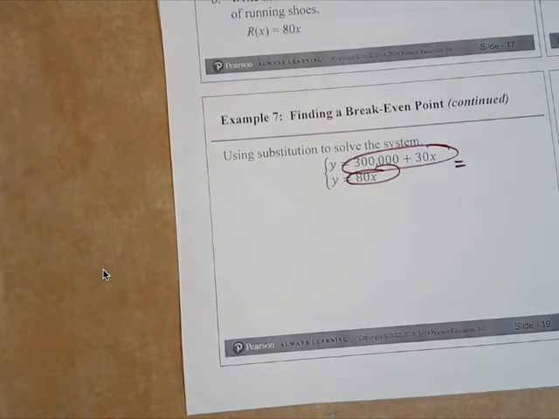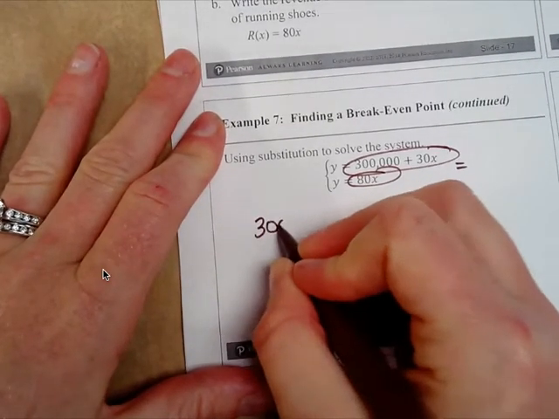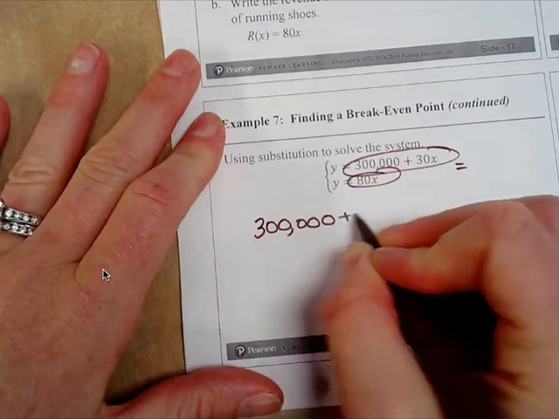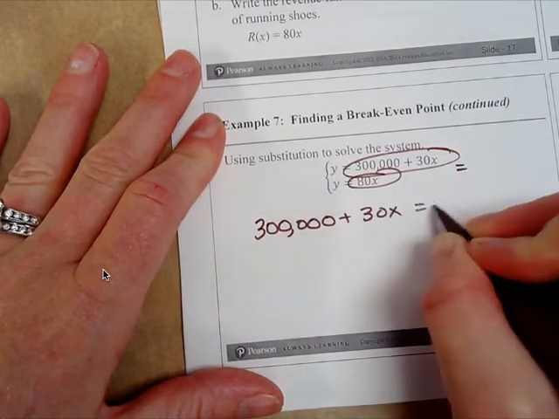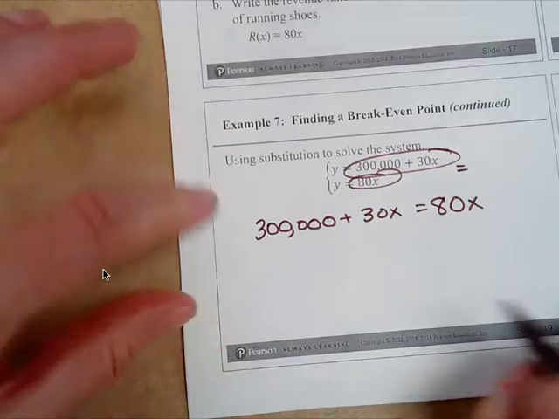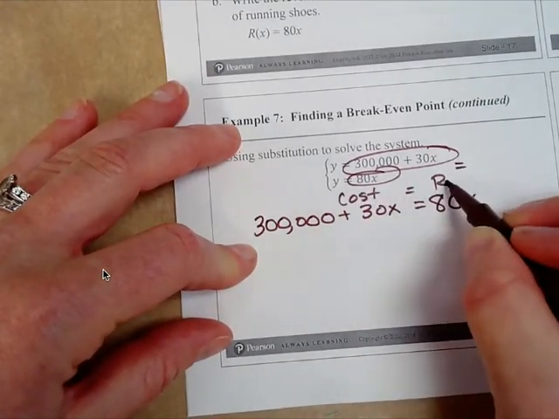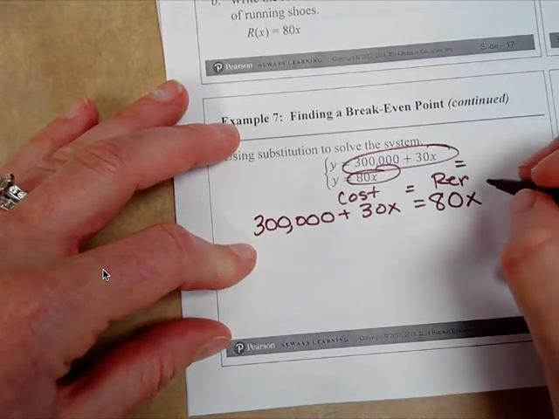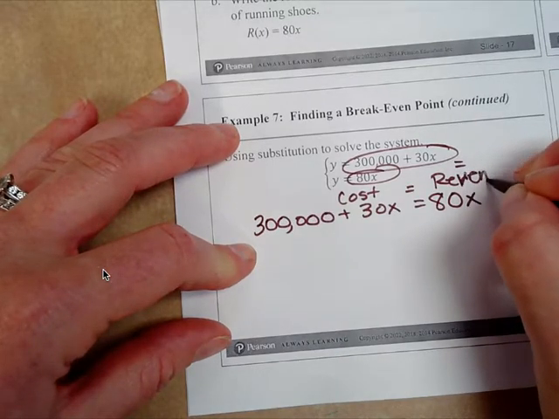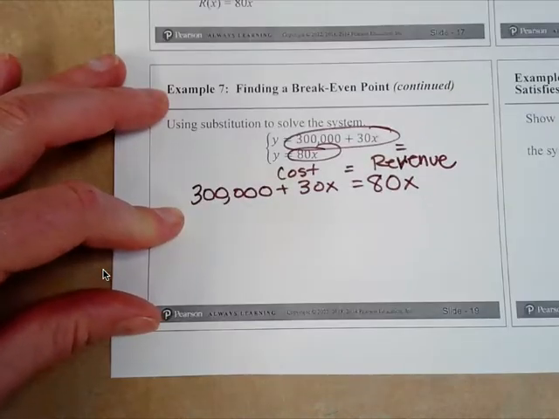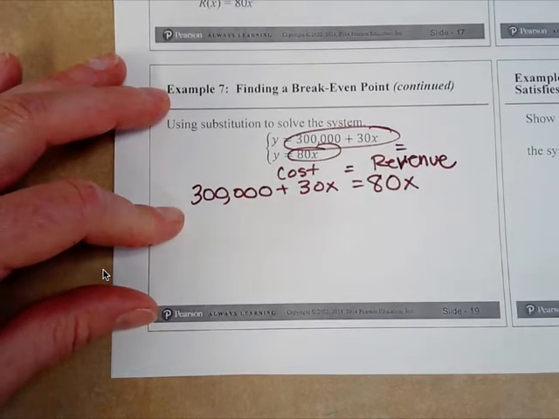Where are they the exact same? So 300,000 plus 30x equals 80x. Where is the cost going to equal the revenue? And that's your break-even point. So just solve that.